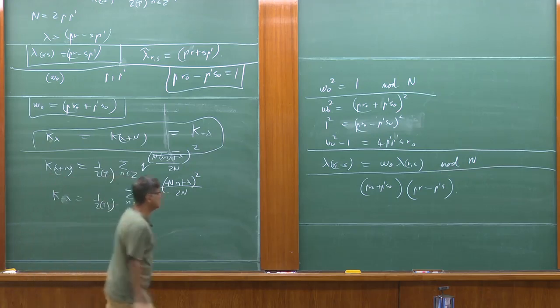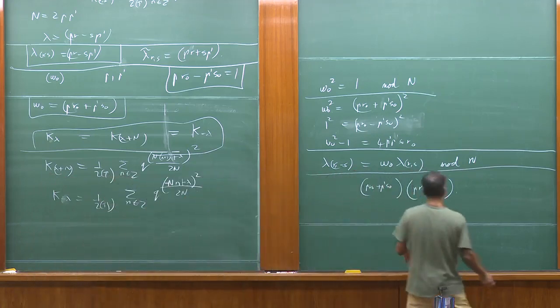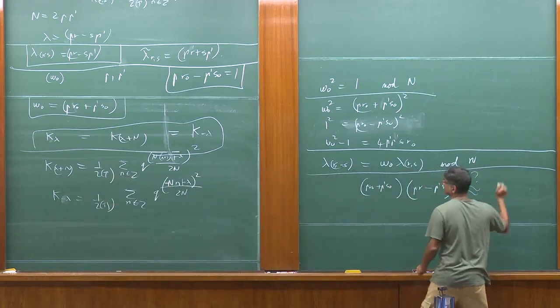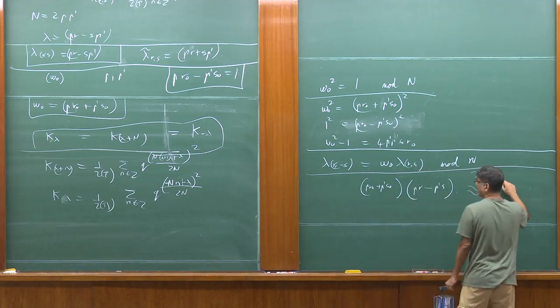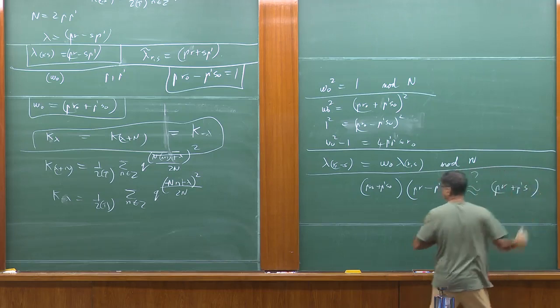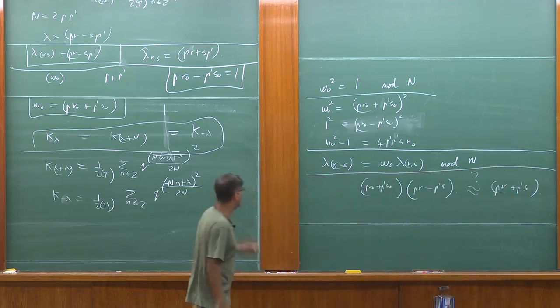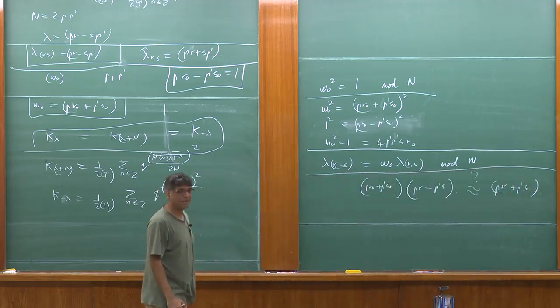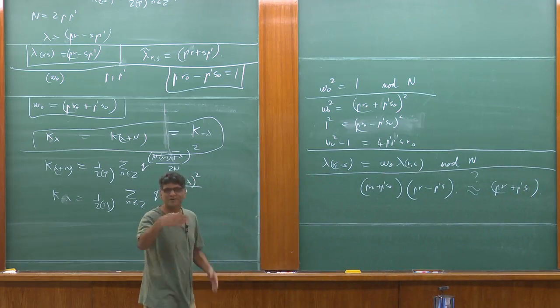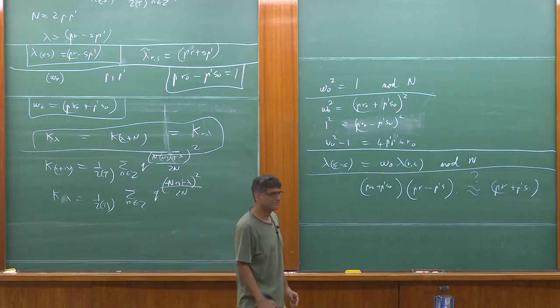Now, I want to see that this is p r plus p prime s modulo n.